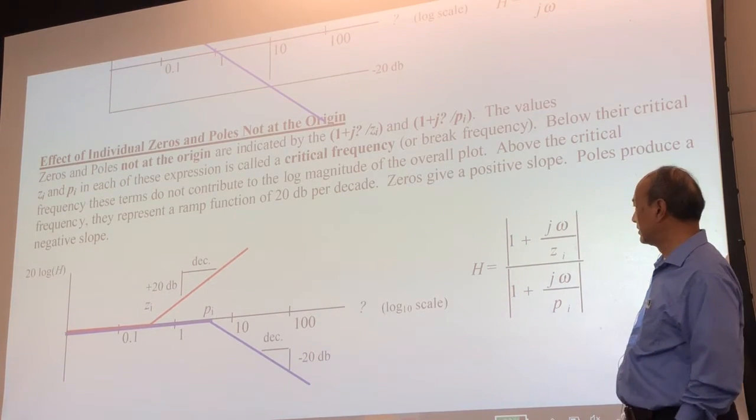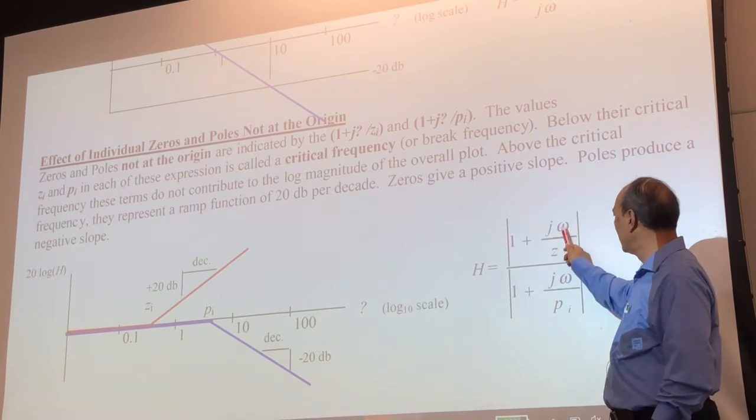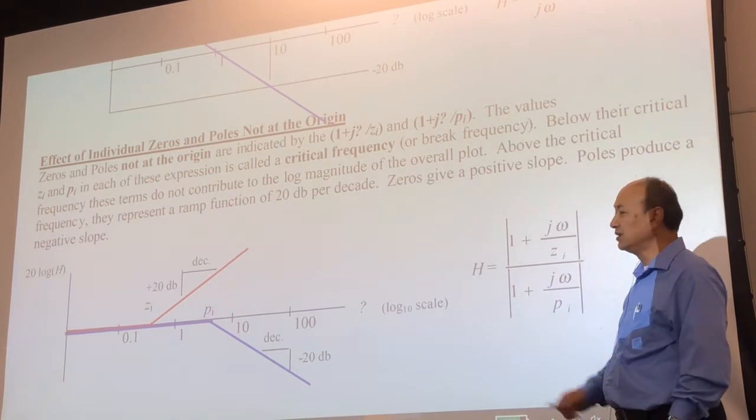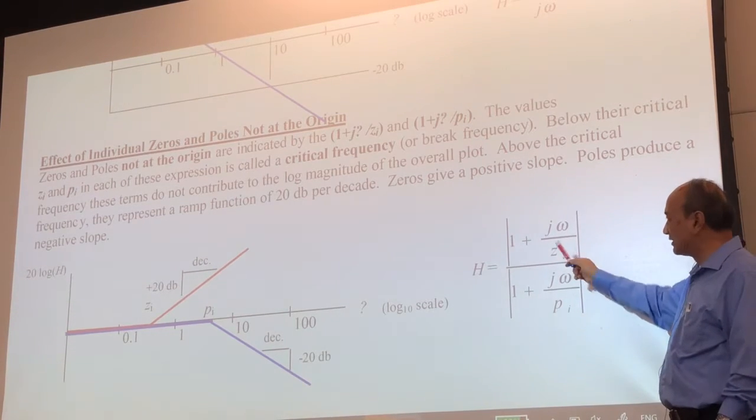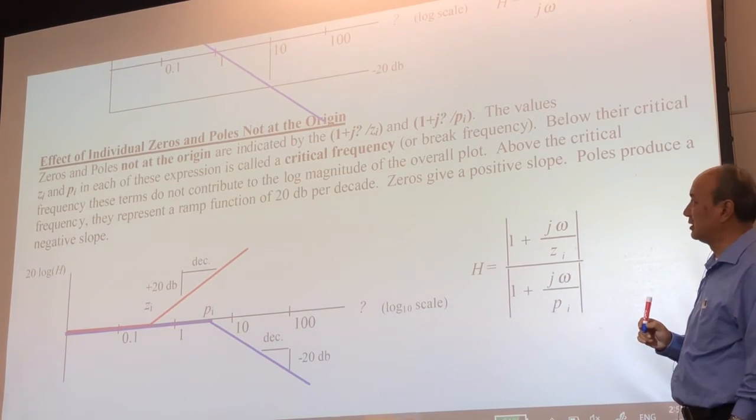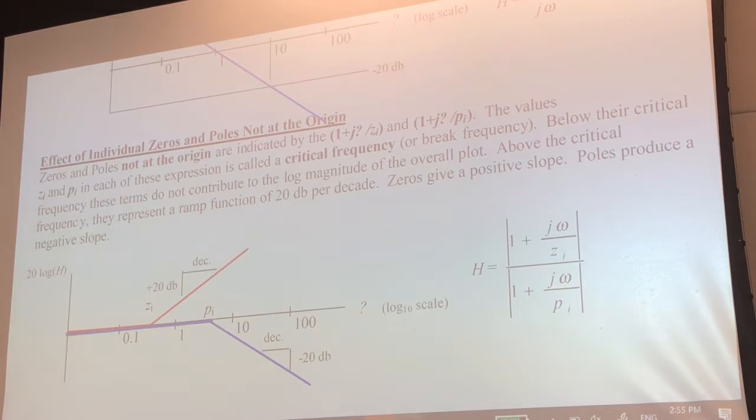So this number, when omega equals this one, that is called a corner frequency. Corner frequency.